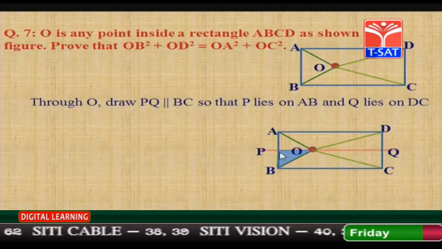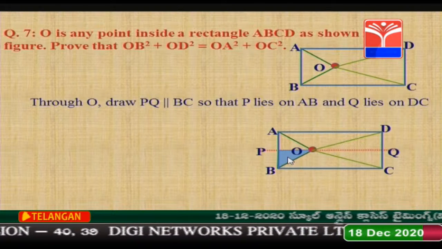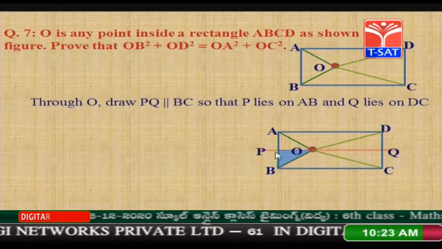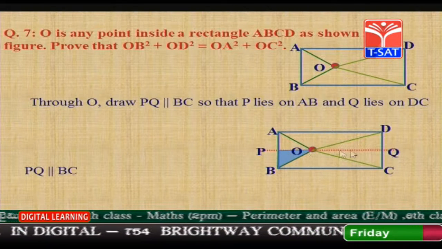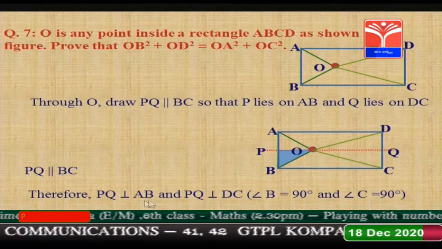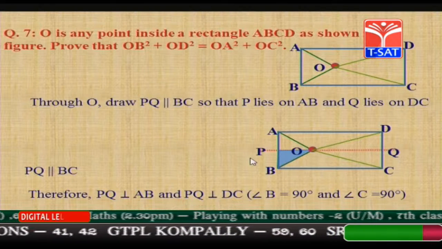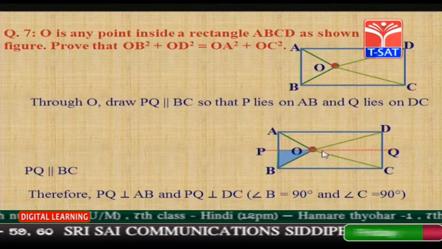Now, many right angle triangles are formed. From this, I am taking the small piece of right angle triangle OPB. PQ is parallel to BC and therefore, PQ is perpendicular to AB and PQ is perpendicular to DC. Therefore, it is 90 degrees.